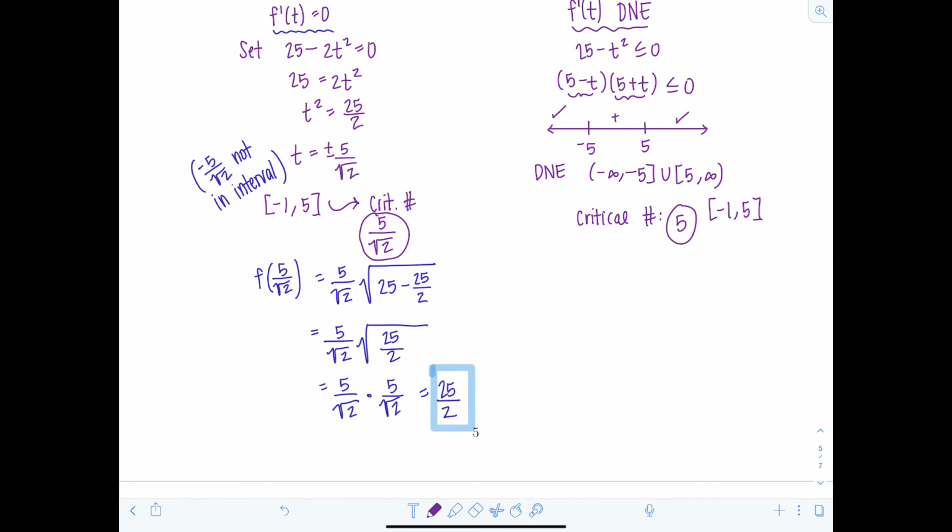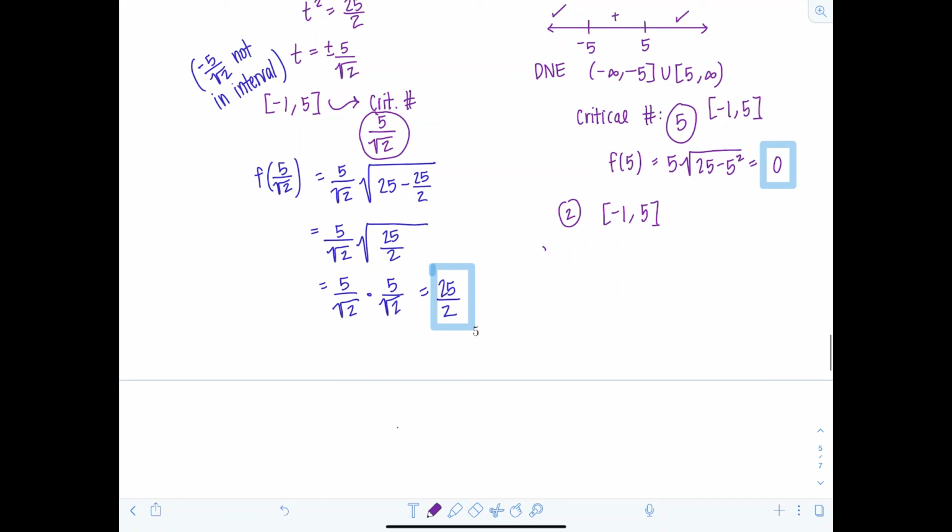I'm going to go ahead and evaluate the function there. So f of 5 is going to be 5 times rad 25 minus 5 squared. So 5 times 0, which is 0. So we're done there. Okay, on to step 2. We're going to evaluate the function at the endpoints, -1 and 5.